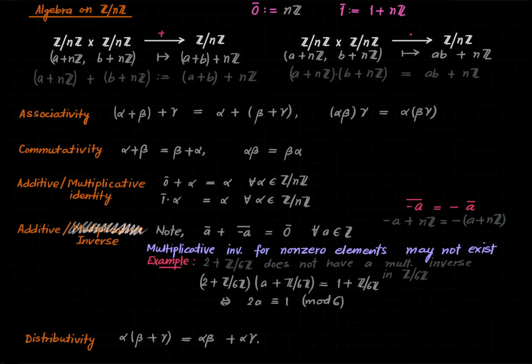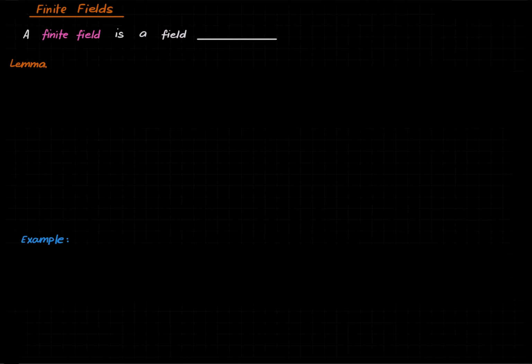And this is the key observation which leads to the following central piece of this lecture. Finite fields. So a finite field is a field which has only finitely many elements, which is finite as a set.